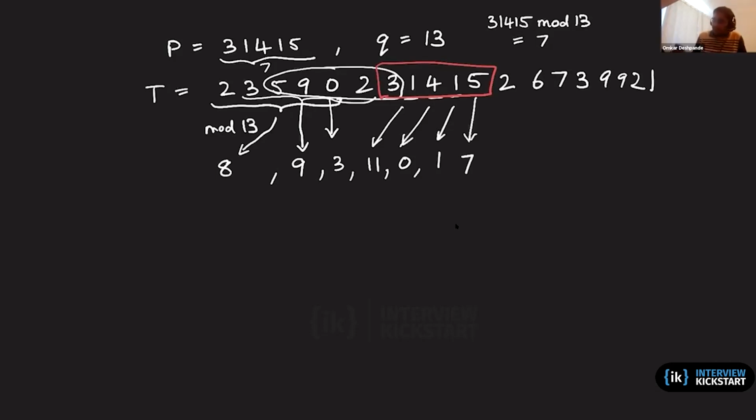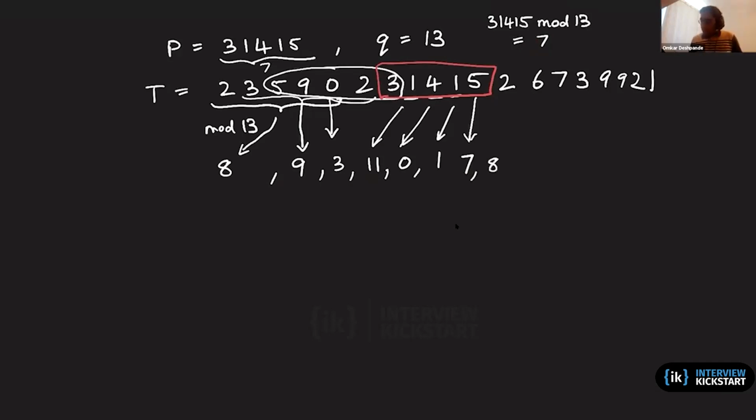As we are sliding this window of length 5 from left to right, we will be computing these mod values. And whenever we see a value matching the value of the pattern, we will consider that a match.